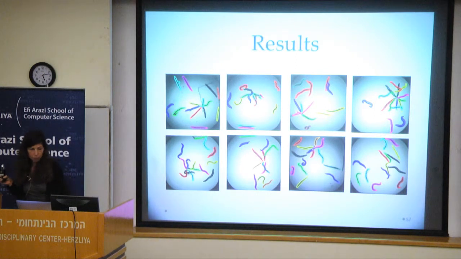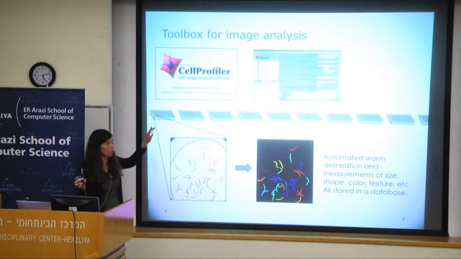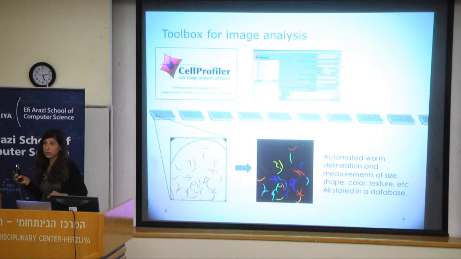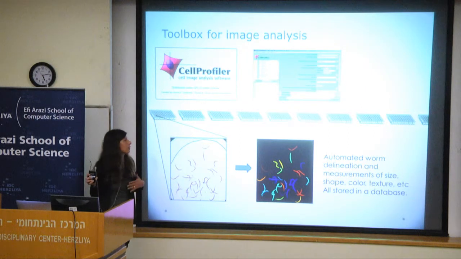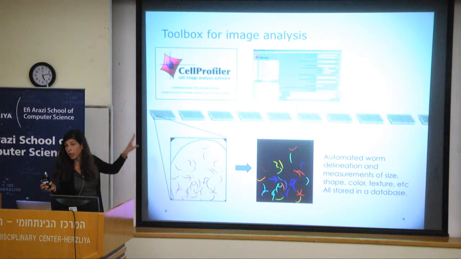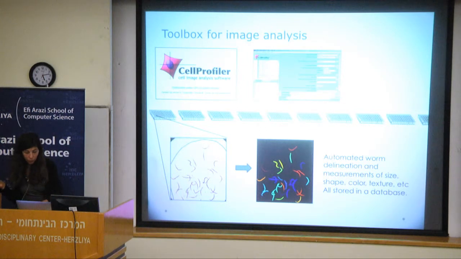Nowadays, the algorithm was implemented in CellProfiler. CellProfiler is a toolbox developed by the imaging platform, in collaboration with me. So cell detection, cell extraction, and now C. elegans detection is part of this module. And it's used by numerous labs around the world in systems and computational biology.